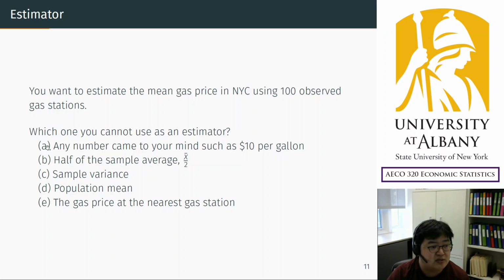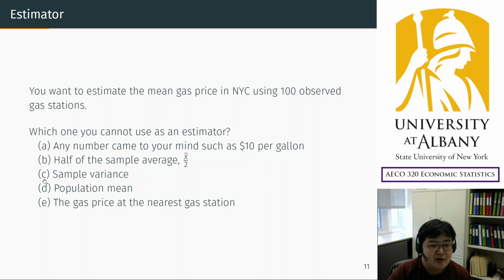So think about this. There are 5 different researchers answering this question. First, any number that came to your mind, such as $10 per gallon, like I said. Researcher A said this, and researcher B, half of the sample average. X bar is the average of 100 observations, and somehow you divide it by 2, say by mistake.